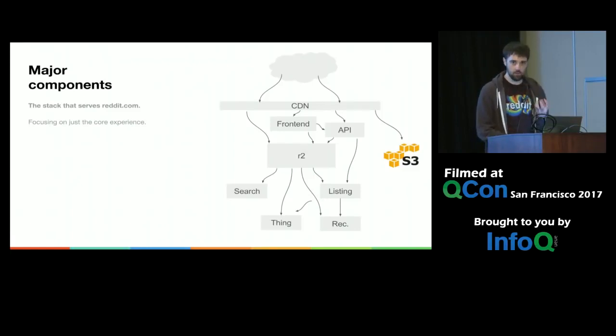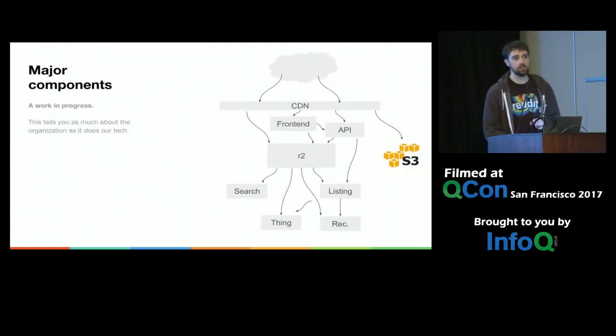But this is the core of the Reddit experience. The other thing to know about this diagram is that it's very much a work in progress. I made a diagram like this a year ago, and it looked nothing like this. This also tells you a whole lot about our engineering organization as much as it tells you about the tech that we use. So that's actually really interesting here.